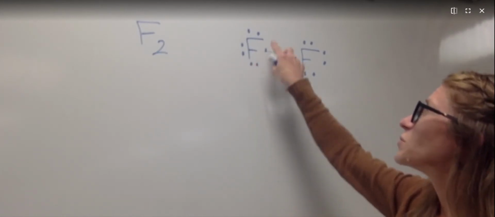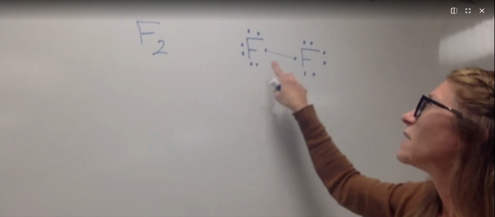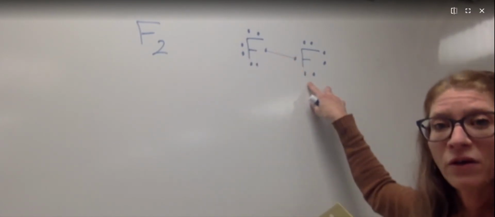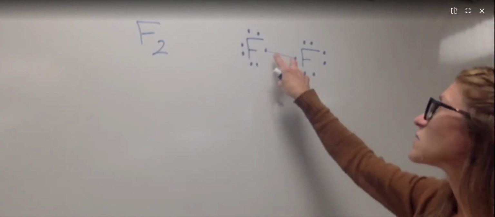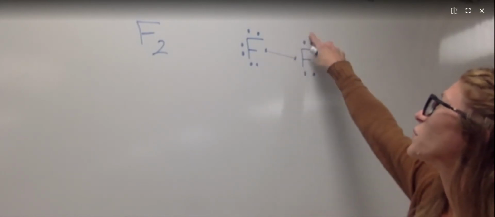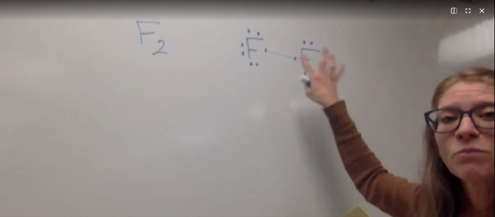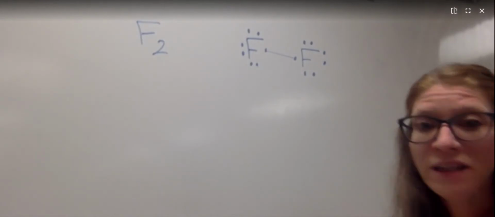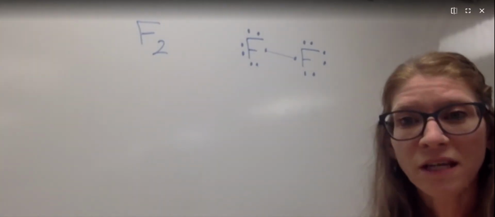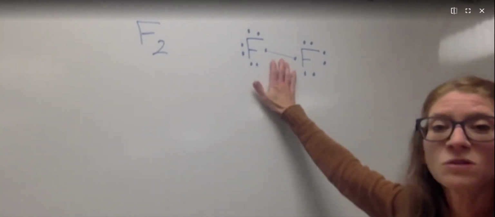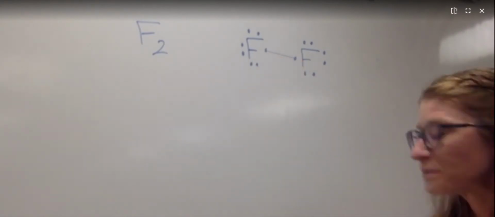So here would be 2, 3, 4, 5, 6, 7, 8. These 2 would also get counted for the second fluorine. So here would count 2, 3, 4, 5, 6, 7, 8. So both fluorine atoms have their full octet. They are both stable like a noble gas. So this is what a single bond would look like.